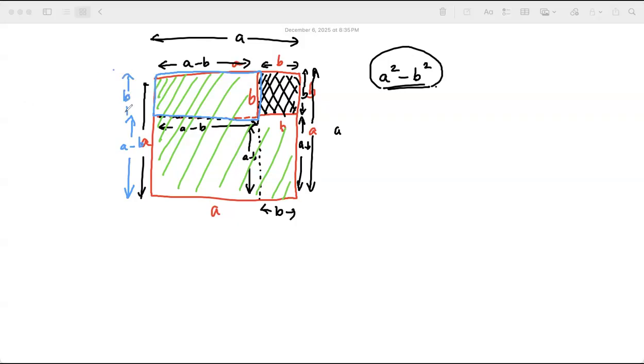This is B. So the blue rectangle is what? The leftover I can write out as the blue rectangle, and then I can write out the yellow rectangle, right?